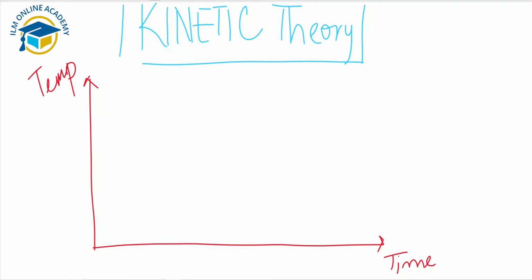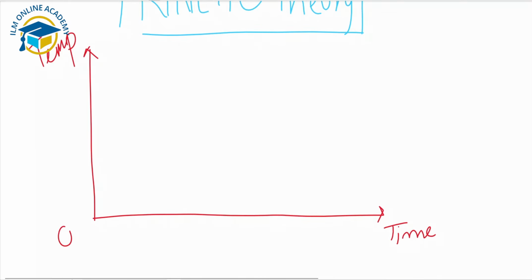So here is 0 degrees Celsius temperature, and when the substances are heated, the particles absorb thermal energy, which is converted into kinetic energy, and this is the basis. Heating a solid will cause its particles to vibrate more as the temperature increases.